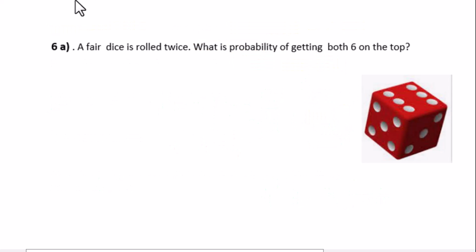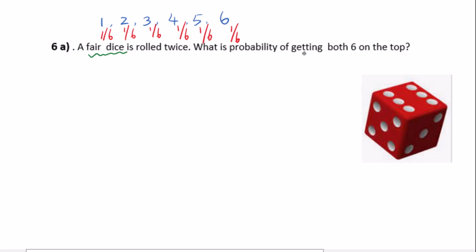6A, a fair dice is rolled twice. What's the probability of getting both 6 on the tops? As we know, there are 6 numbers on a dice. For each number, the probability of getting it on the top is 1 over 6.